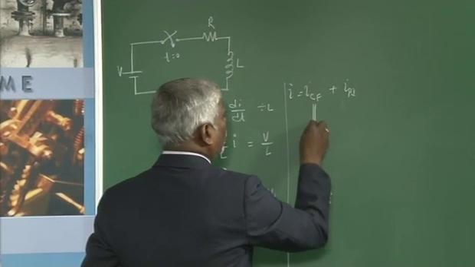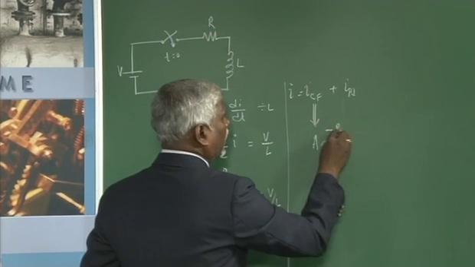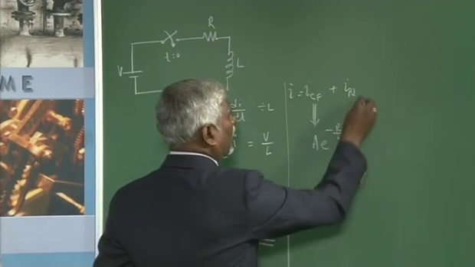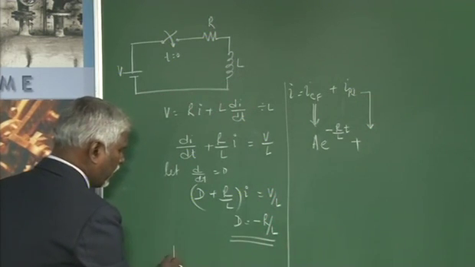I_CF is nothing but A e to the power of minus R by L into t.